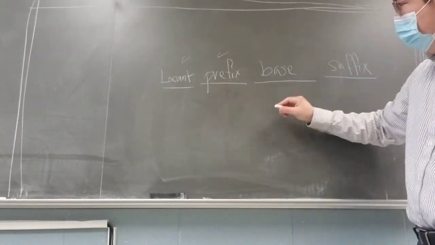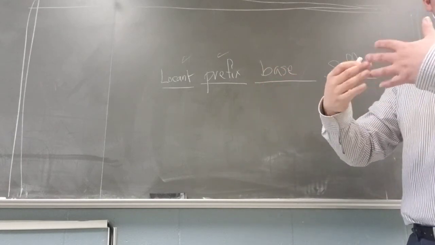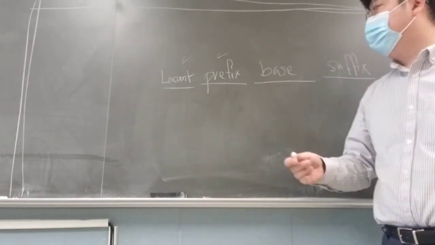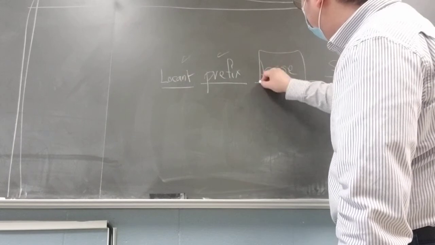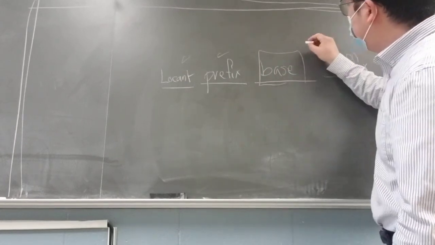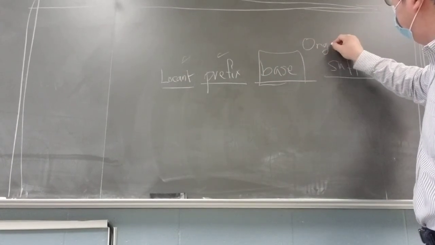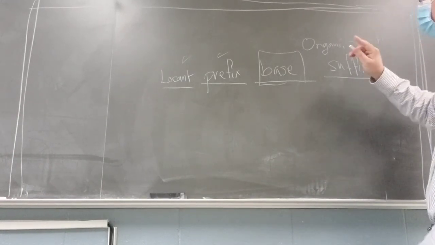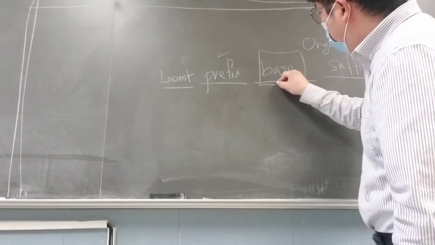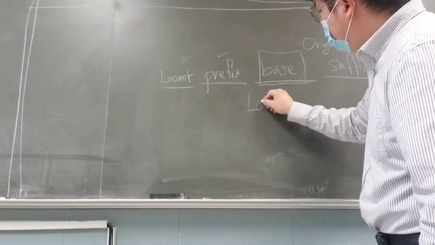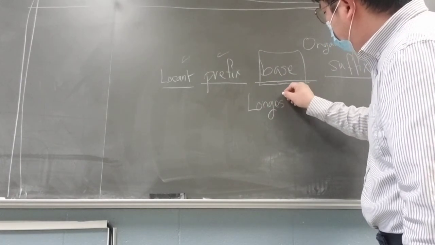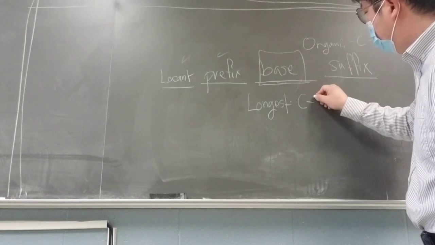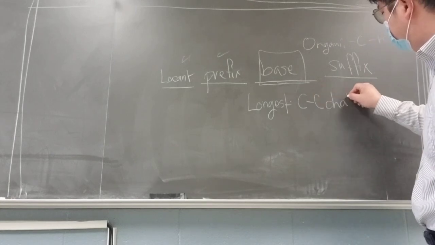prefix is for some additional group that attach to your base. So this base simply means, so once again, try to remember organic compounds is carbon and hydrogen, so forth, okay? So this is the way you can find the longest possible carbon and carbon chain, okay?